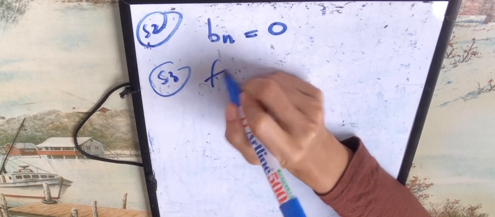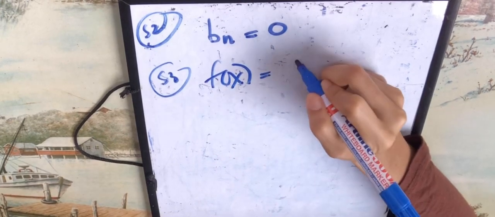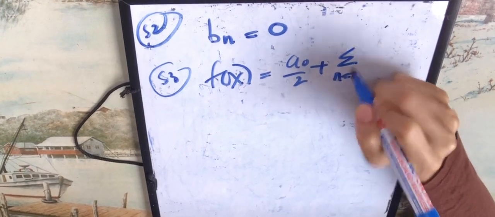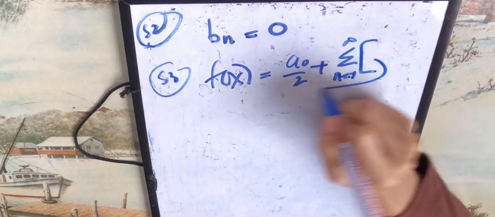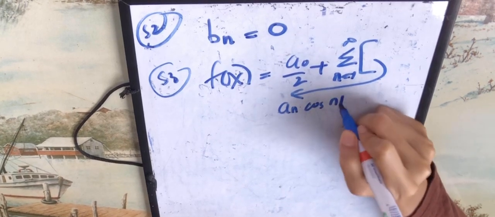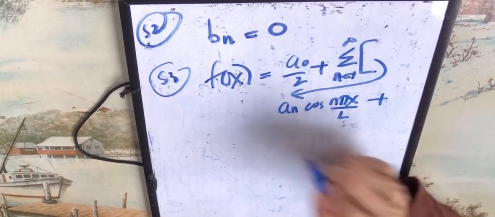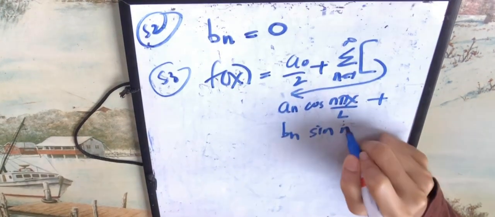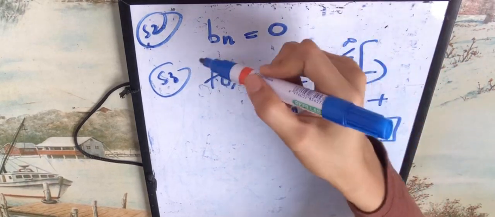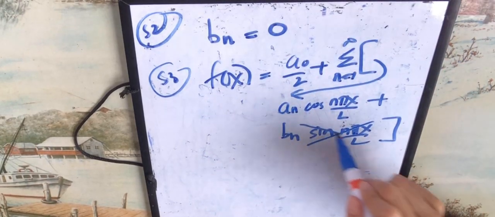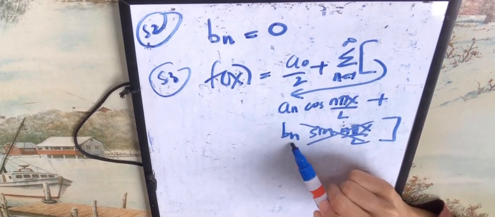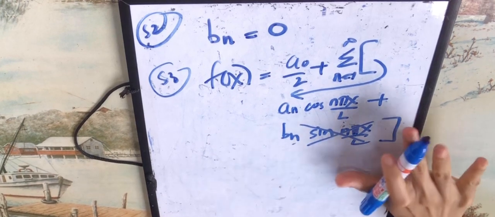Your Fourier series equation is f(x) equals a0 over 2 plus the summation from n equals 1 to infinity of, and inside here, I'll go down a bit, there's some space, an cos n pi x over L plus bn sin n pi x over L. Since your bn is 0, this term will be equal to 0, so this term is eliminated.